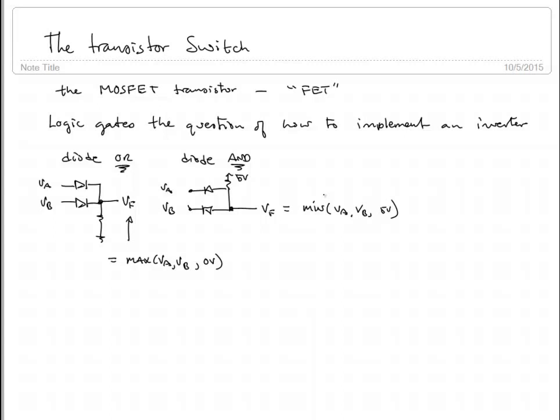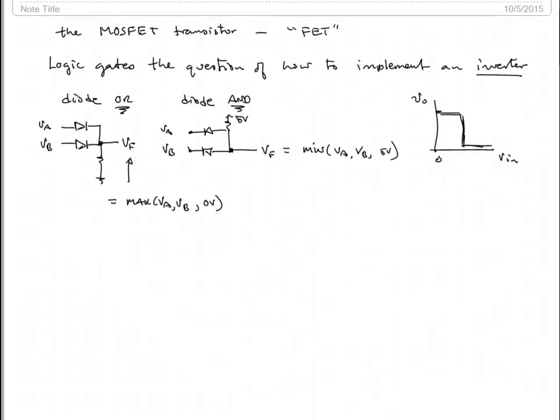But we have this problem with an inverter that when the input is low, the output needs to be high, and when the input is high, the output needs to be low. Thus an inversion. And there's no real good way to do that without, as we will see, having a transistor.